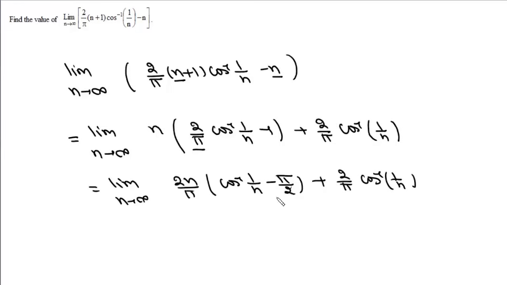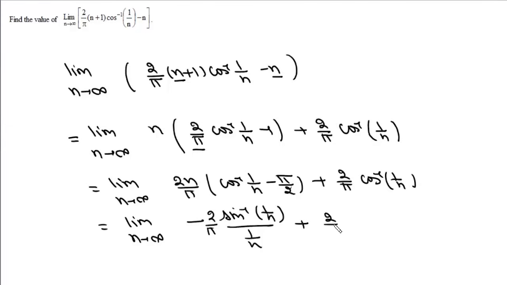Now π/2 minus cos⁻¹(1/n) is sin⁻¹(1/n), so we can write this as limit n tends to infinite, and minus sin⁻¹(1/n), and this is 2/π, and we'll take this n in the denominator, so it will be 1/n plus (2/π) cos⁻¹(1/n).